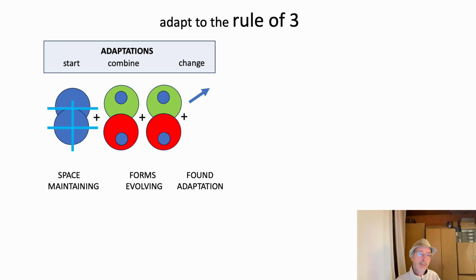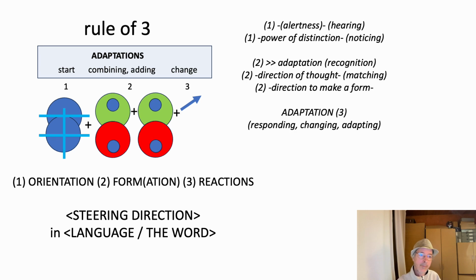We have a starting point, we have a way to combine some things, and we have ways to change. We have the space which is maintaining its form, or the forms are evolving to something else, or we find an adaptation. So these three parts also make an alertness in our mind that directs us to another way of dealing with it. We have an orientation, a formation, or a reaction.